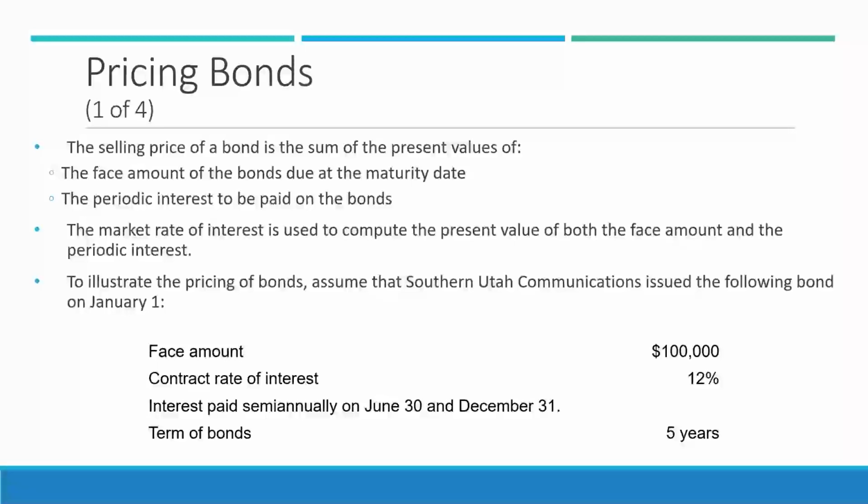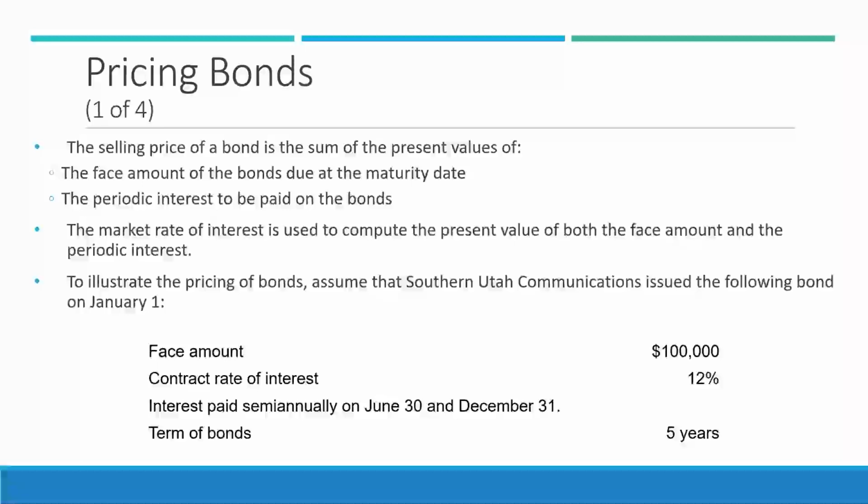So the selling price of a bond is the present value of the face amount of the bond that's going to be due at the maturity date. That's the present value of a single sum, because we know that 5 years from now, the owner of the bond is going to get $100,000.